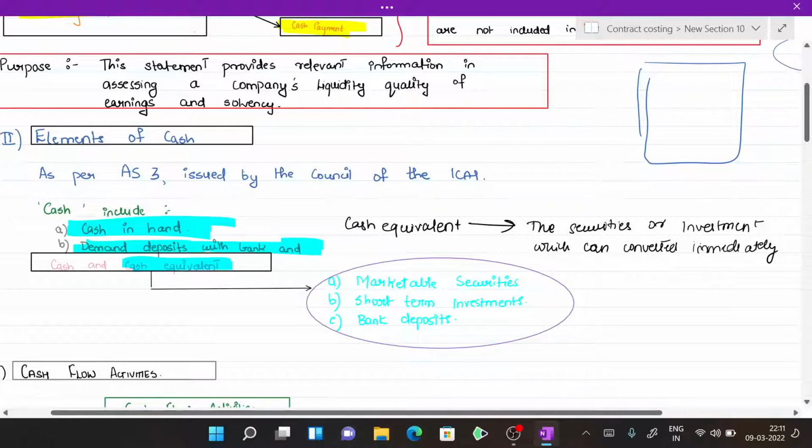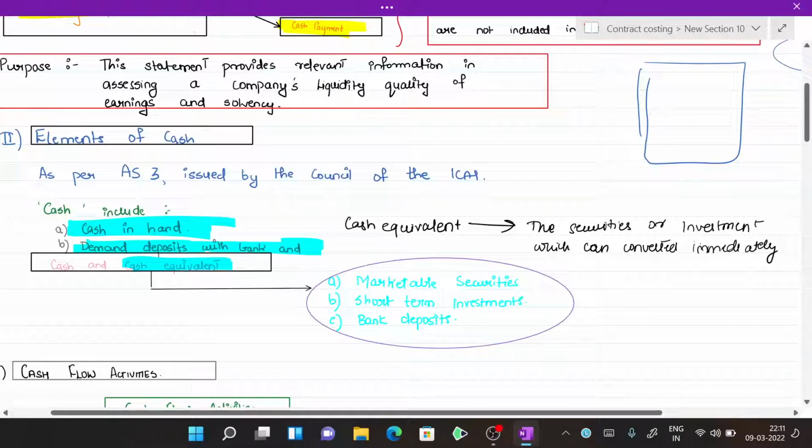One of the best examples would be marketable securities, wherein you can sell off the securities and you can get immediately cash. These are short term securities, bank deposits, marketable securities. These are the securities which we can convert into cash easily, so these are also included in the cash, right?